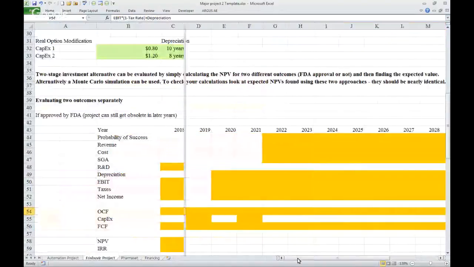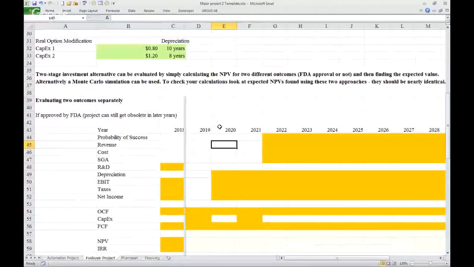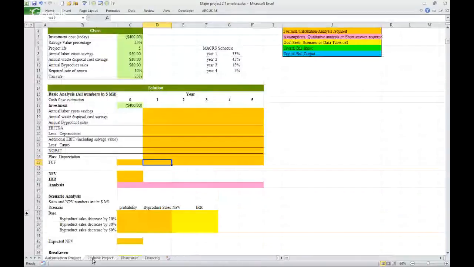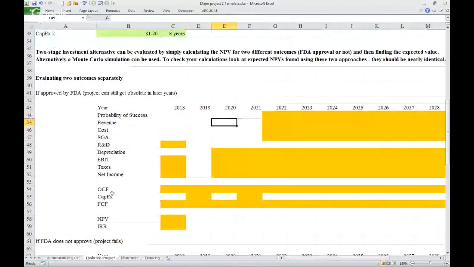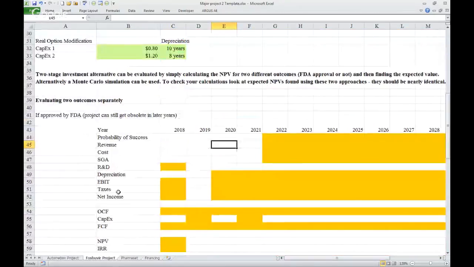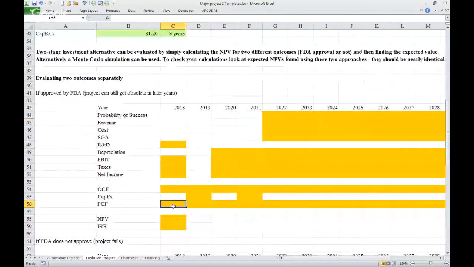Here, when we were calculating cash flows for different outcomes calculated separately, then you would simply use revenues here and costs here, and then your free cash flows will be calculated based on whatever you already calculated.